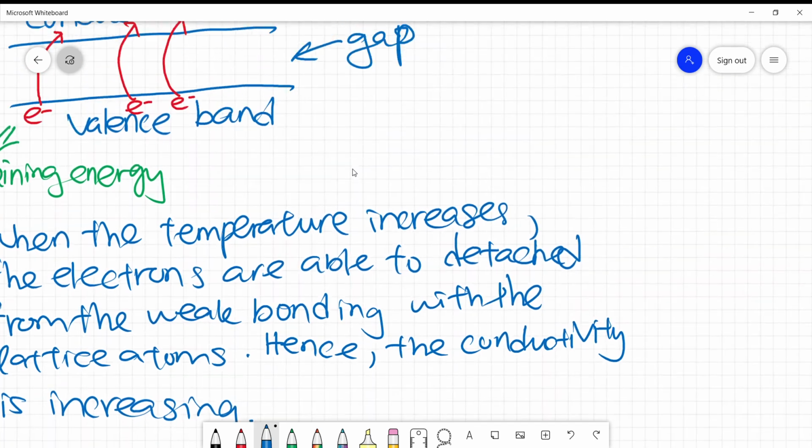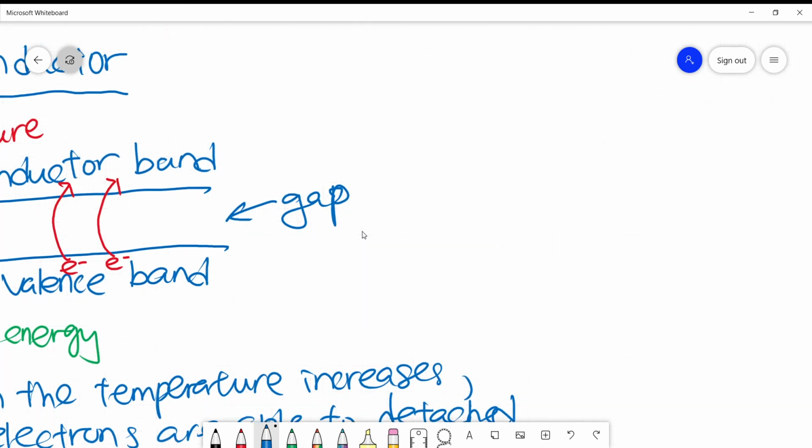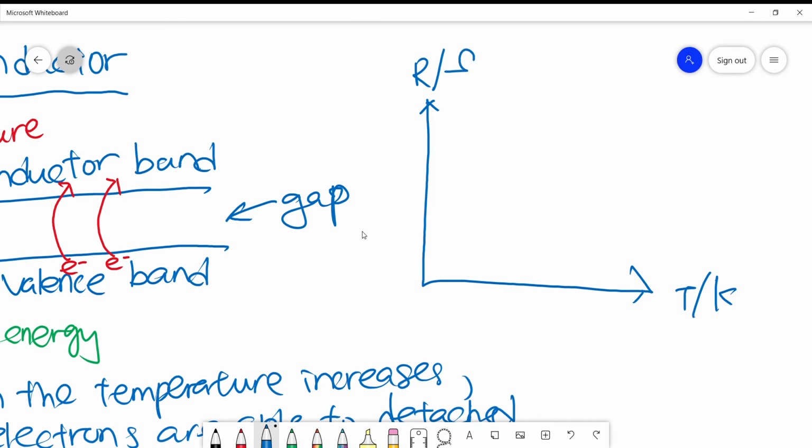As for the graph, I have my resistance and my temperature. The initial resistance for the semiconductor is quite high, so this is R0.